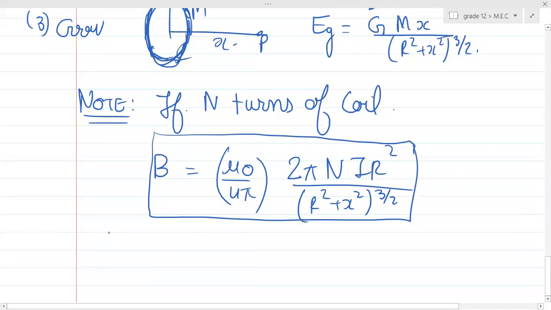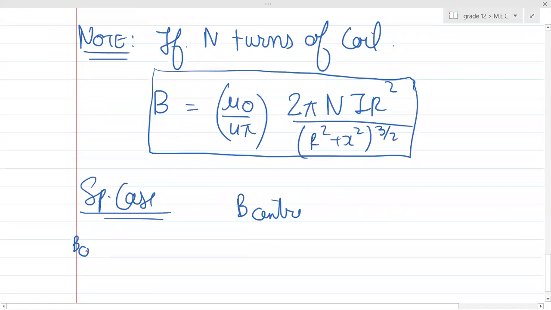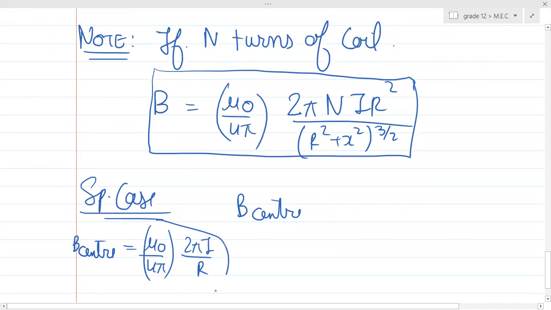It's a special case. What is the magnetic field at the center of the loop? We already know the formula for the magnetic field at the center. It equals mu naught by 4 pi into twice pi I by r. Yes or no? So this formula we already know.